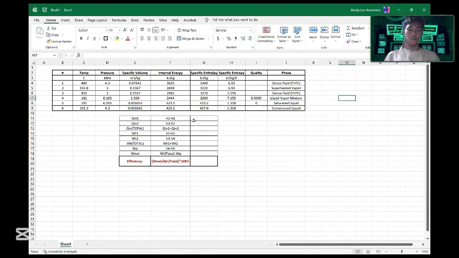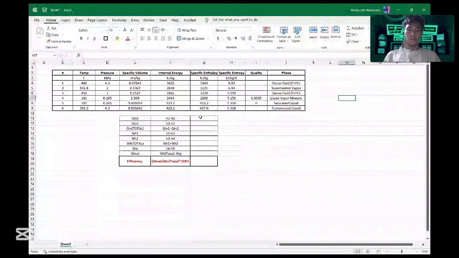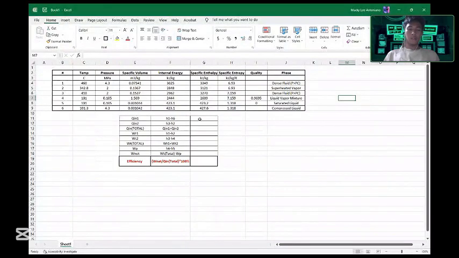So first, we are going to solve Q in total, which the formula is the Q in boiler plus Q in reheater. First is the Q in boiler. So the formula for Q in boiler is H1 minus H6.